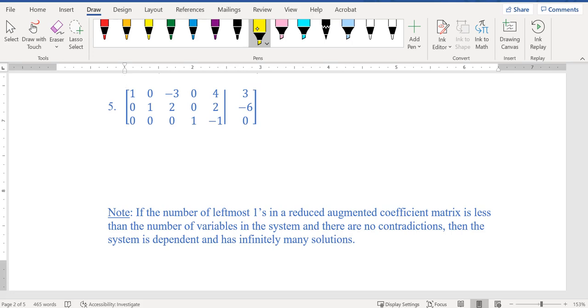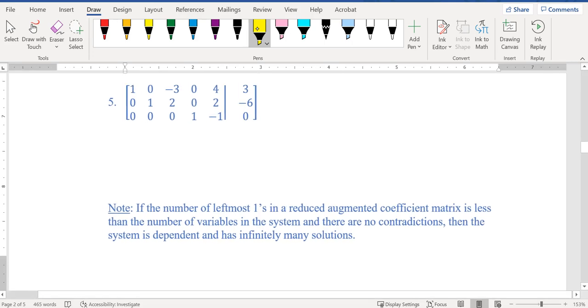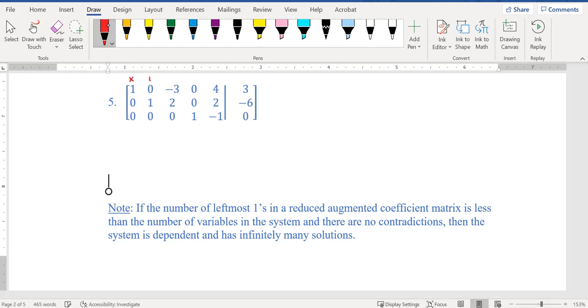So the system is going to be dependent, and it's going to have infinitely many solutions. What that means, okay, variables, x's, y's, z's. Uh-oh, we need a couple more variables. Let's call these t and w.